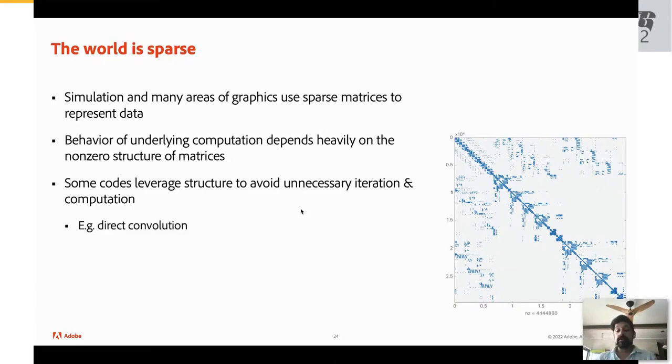A lot of codes leverage this structure to avoid unnecessary complexity in the code and unnecessary computation. For example, you can represent convolutions as sparse matrices, but often people just do it directly because that way, you can avoid a lot of the computation. In many cases, the convolution is an image filter, for example, so the weights are known, and that makes it easy to express as code rather than expressing as sparse matrix operations in which you have to load those weights.